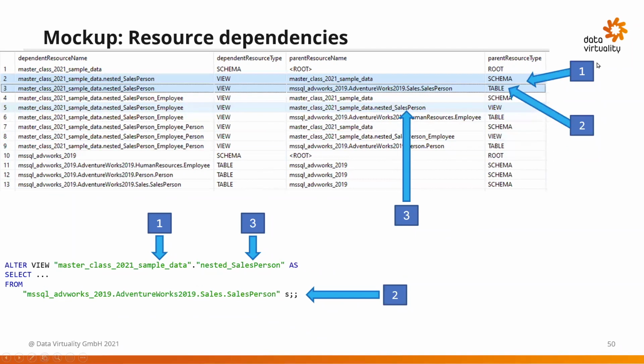Right? So number 1, it depends on the schema. Number 2 here is dependent on the table Microsoft AdventureWorks sales salesperson. And number 3 is the name of the view that we're actually looking at, which corresponds to this right here.